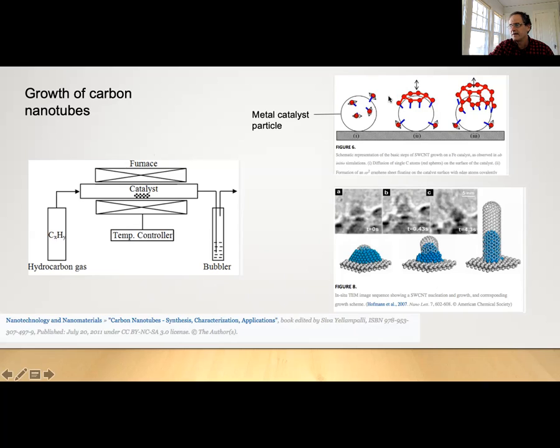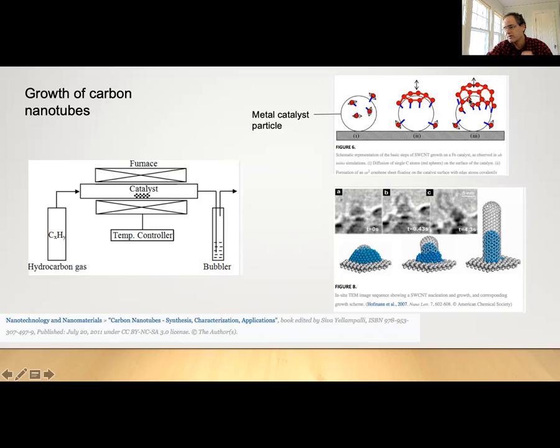And the way that this typically works is like this. The hydrocarbon gas decomposes over a catalyst. The catalyst consists of small particles, and the carbon is deposited around the particles. And then because of the shape, instead of forming like a graphene sheet, instead it organizes itself into a tube.